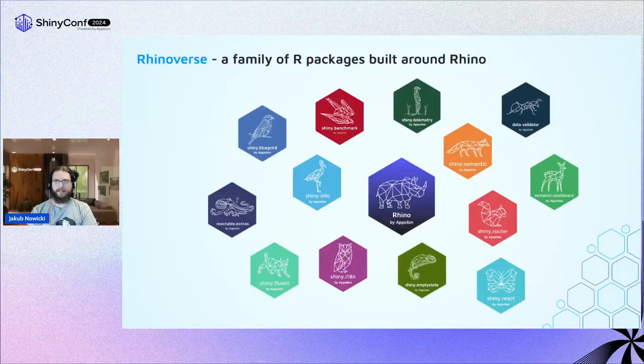It contains a template for our Shiny application, and is accompanied by a set of development tools for handling styling, JavaScript, and end-to-end tests, and other Rhinoverse packages aimed at helping you in various other areas like UI, routing, internationalization. Rhino was announced 2 years ago, and a year later we showed you the Rhinoverse. So now let's dive into what happened since then.